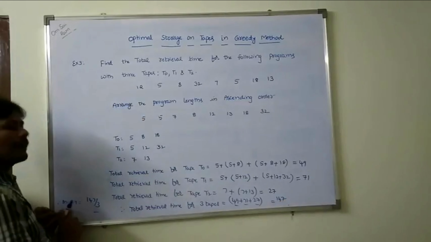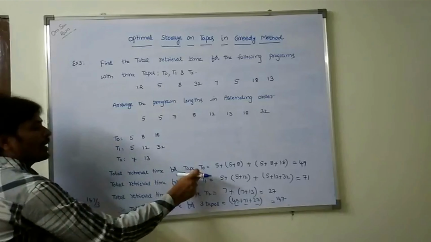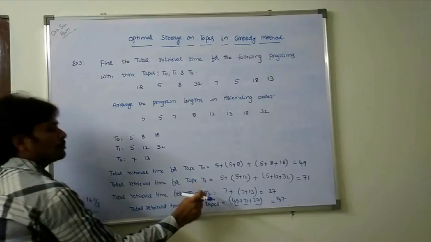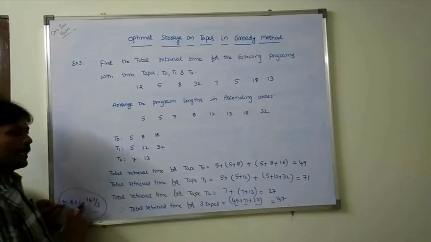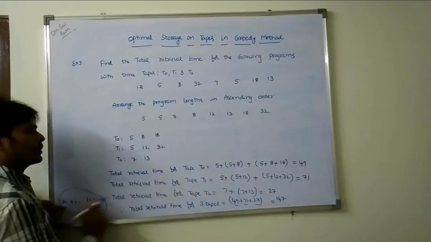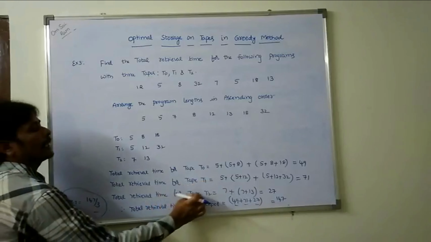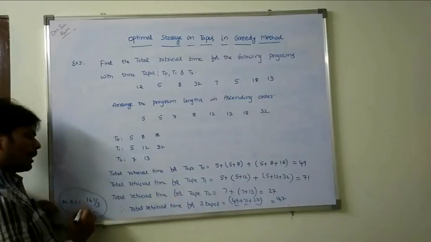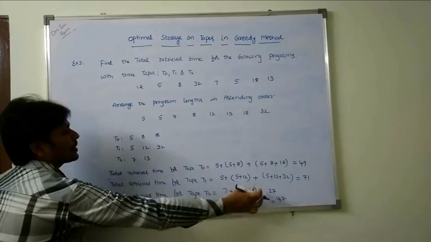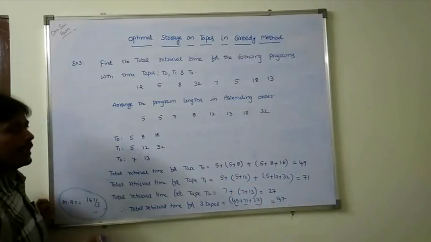Then mean retrieval time is equal to total retrieval time for T0 plus T1 plus T2 divided by total number of tapes, so 49 plus 71 plus 27 divided by 3, that is equal to 147 by 3.